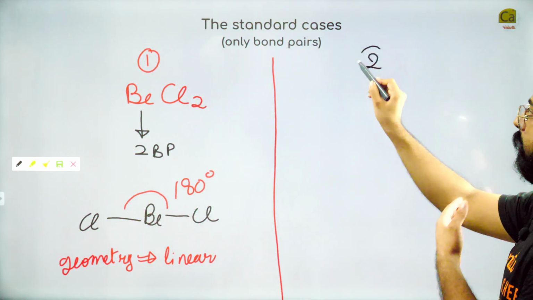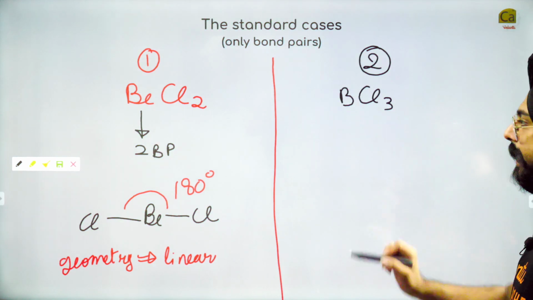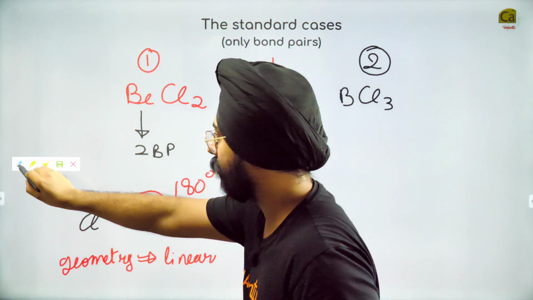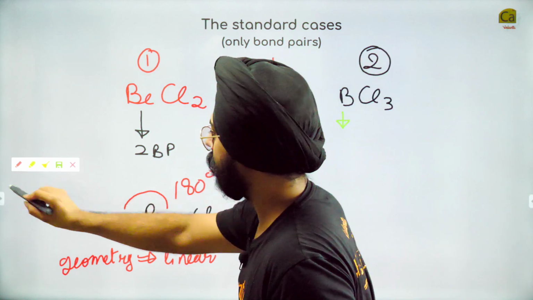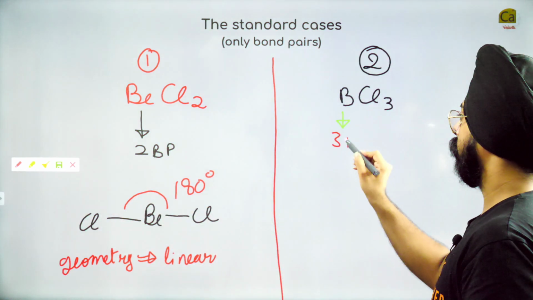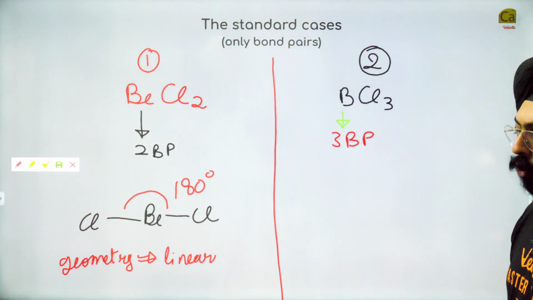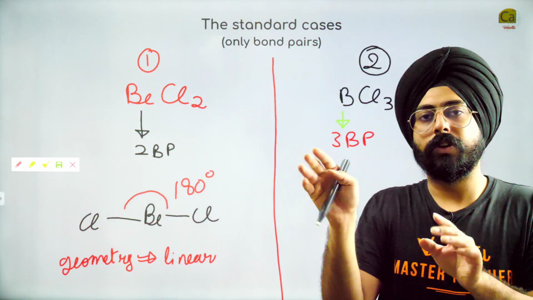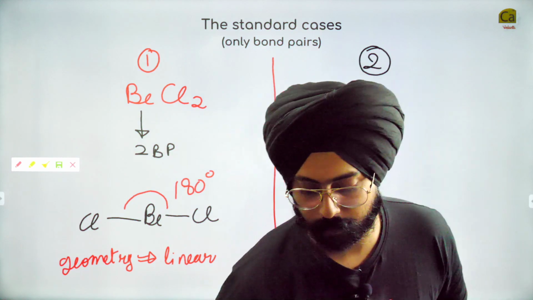The second case that we'll discuss is boron trichloride, BCl3. So boron over here, as I just told you in the beginning of the class as well, boron has only 3 bond pairs. There is no lone pair on this boron. So my dear friends, how will you arrange 3 lines with the maximum angular distance in between them? कैसे arrange करोगे? देखो.